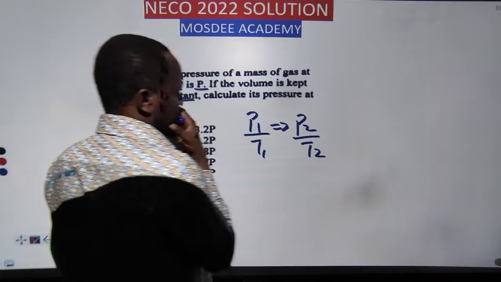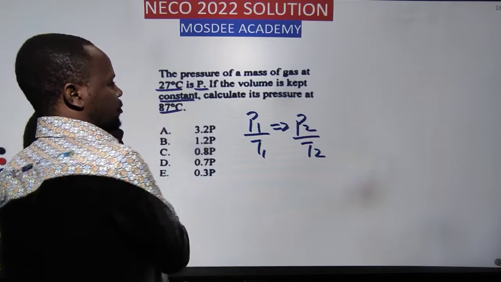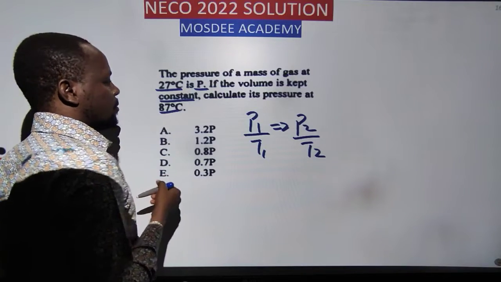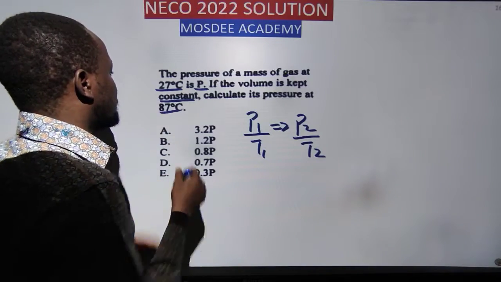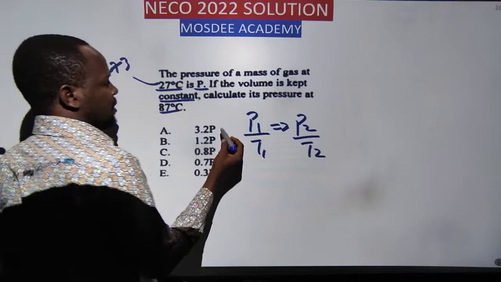So now P1 over T1 equals P2 over T2. The only thing here is that you have to convert to Kelvin. I'm very sure about that. 273 plus this one. I hope everybody knows how to convert to Kelvin. That's 300.